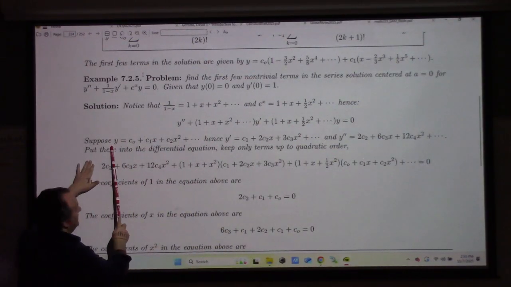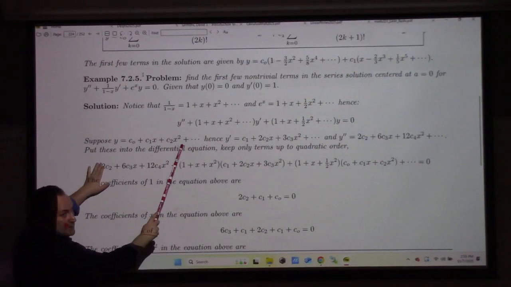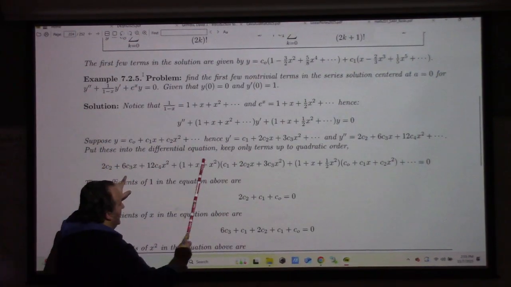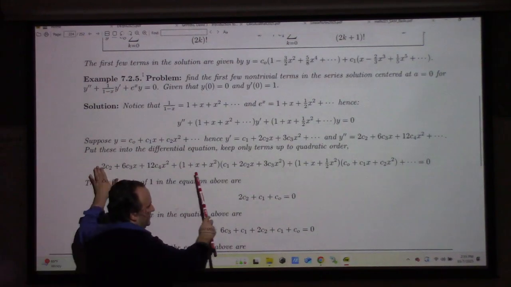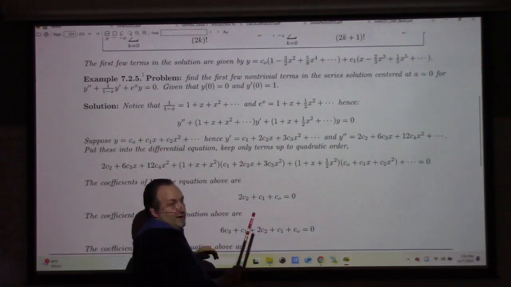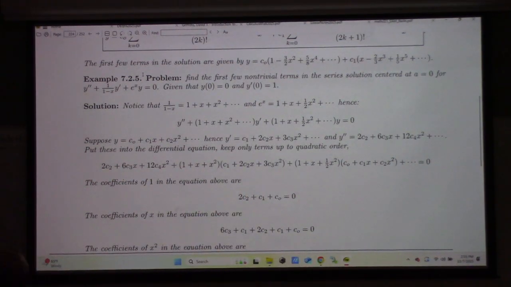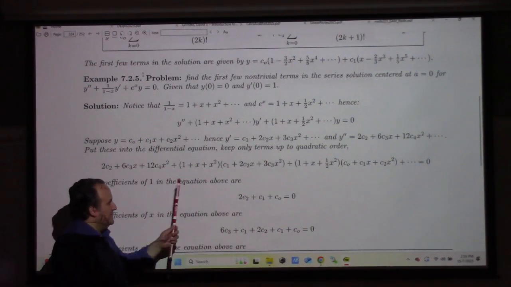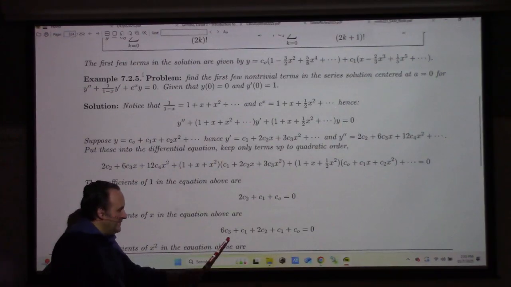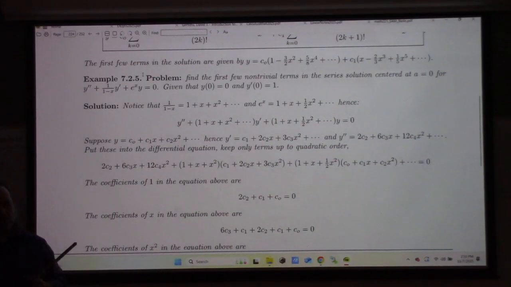Then I plug in the power series for y prime and y prime prime, and I get this grand glorious equation, right? And then I simply look for constant terms, linear terms, quadratic terms, and those have to separately vanish. So the constant terms give me this equation. The x ones give me that equation, and so forth.